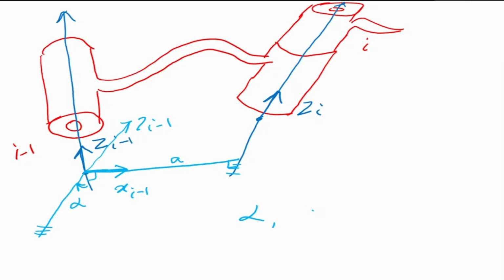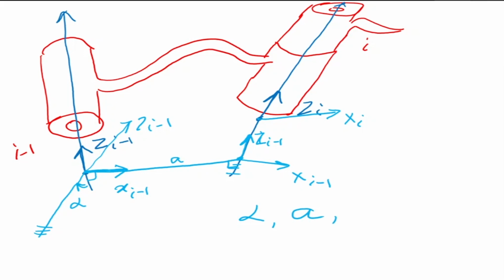Now the next transform is that I move the origin of frame i-1 by a distance a, and it comes here. Now we have the second transform, which is a.